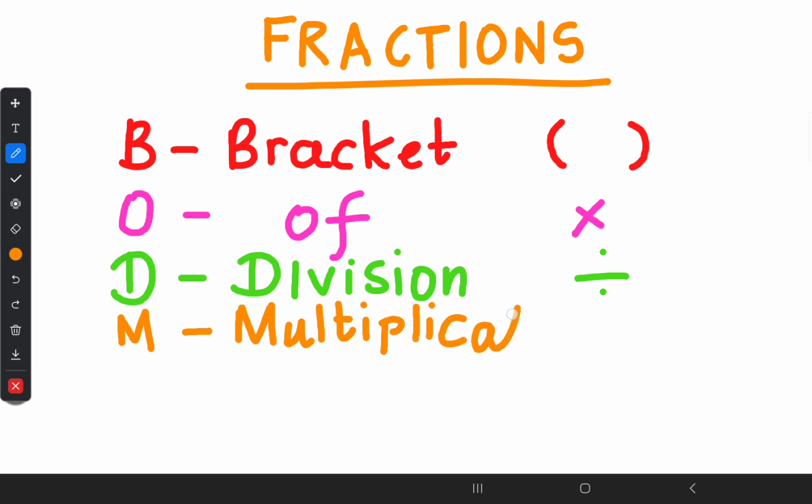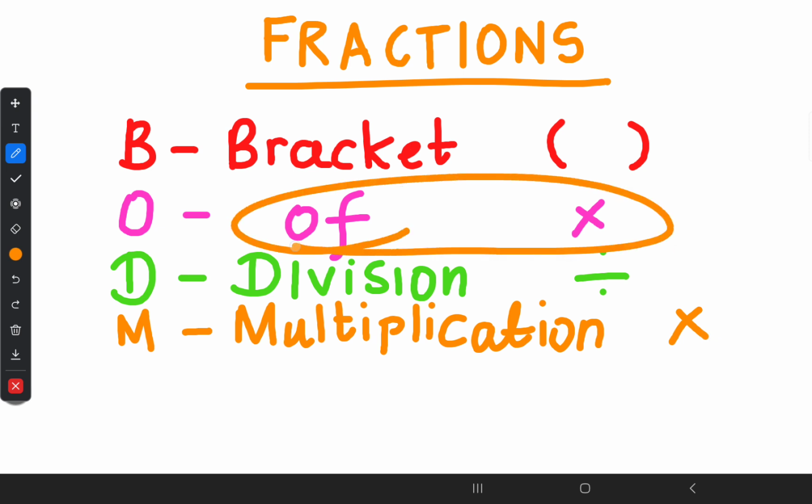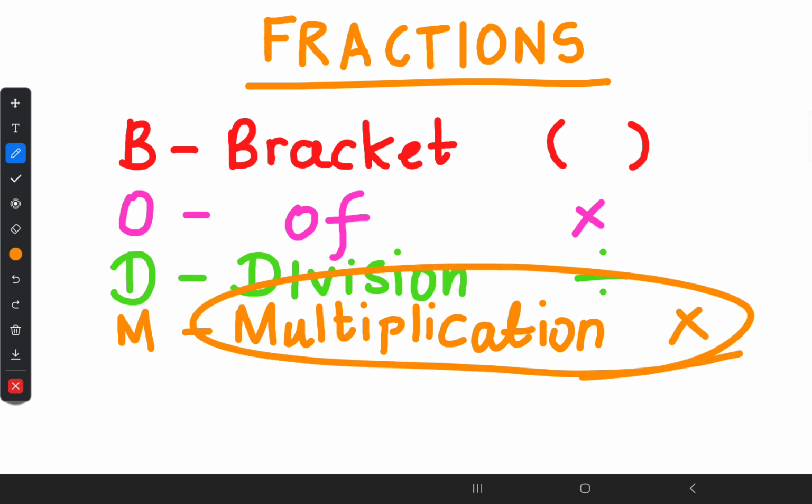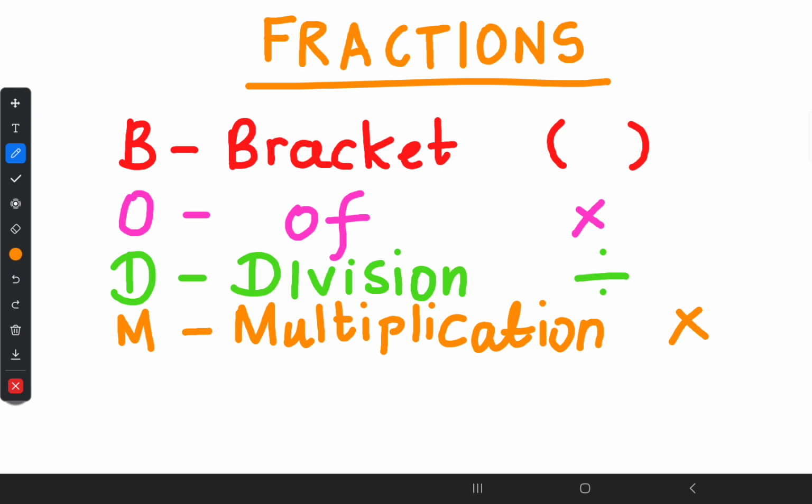Multiplication is also cross, but of means multiplication. Both are the same, but according to the fractional priority order, you should give priority to the of function. In questions, let's see that deeply.